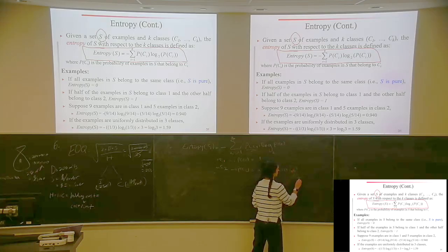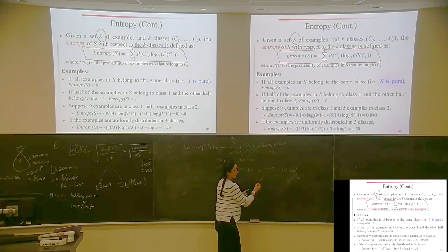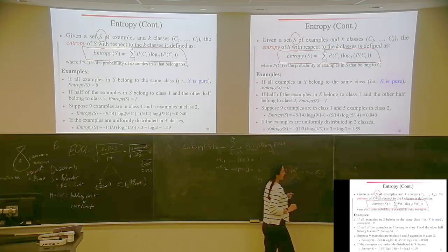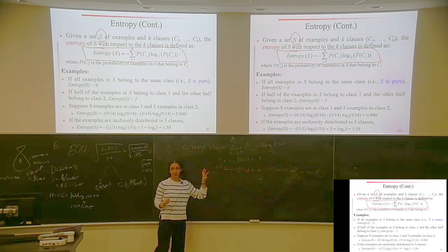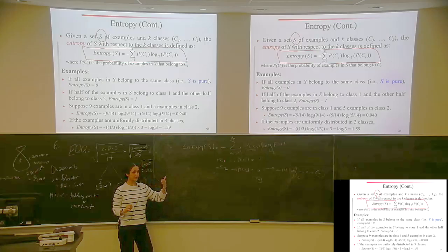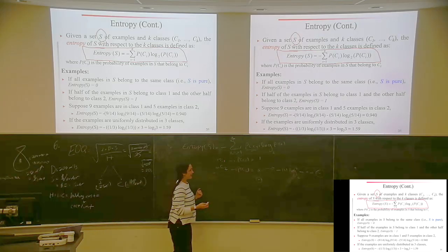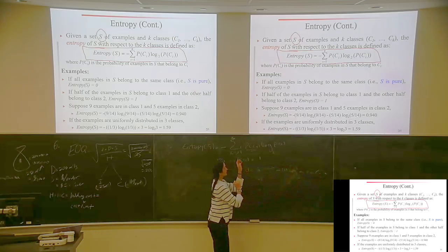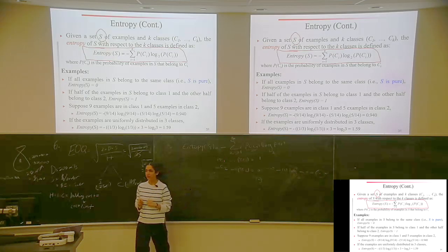And then the rest is also 0, because p_2, or even if you have more classes, they are still 0, right? So this will be 0. And that's why when all instances belong to the same class, when you have the maximum purity, entropy is 0, right? And this is the minimum amount for the entropy.